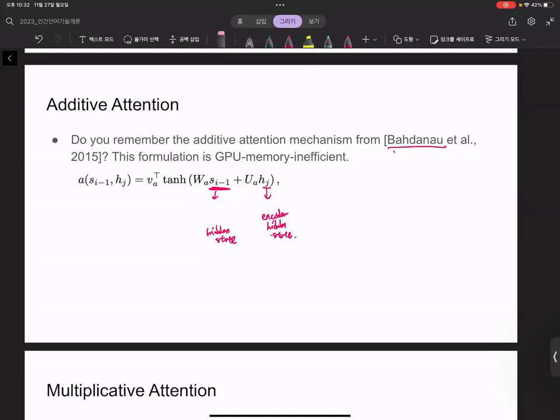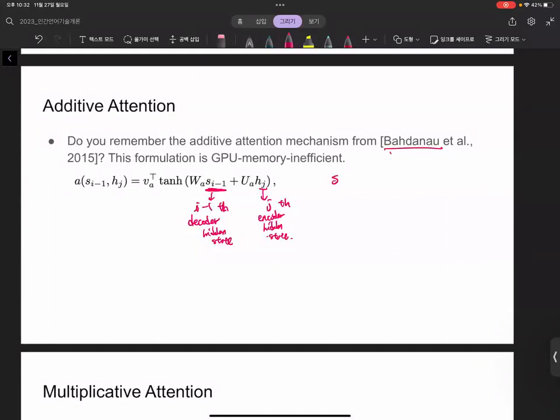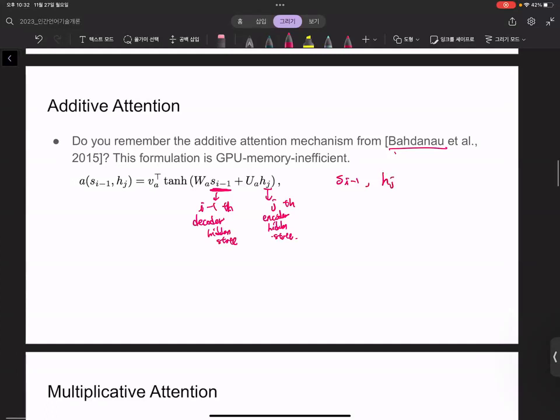Sorry for the bad handwriting. S_{i-1} and H_j have d dimensions.